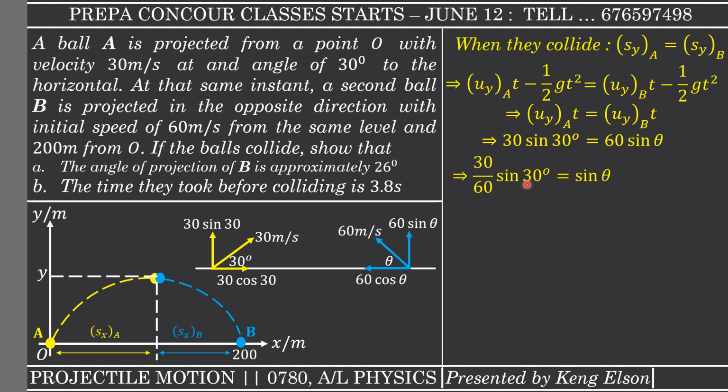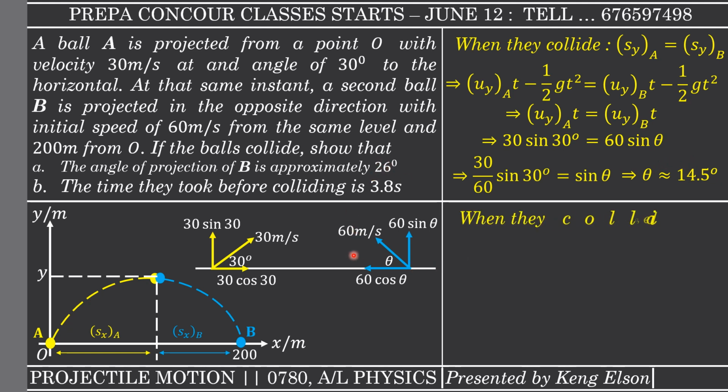Sine 30 is also half, so we have half times half, which is 1 on 4, so sine theta is equal to 1 divided by 4. If sine theta is 1 divided by 4, it means that theta is sine inverse of 1 divided by 4. You approximate to 14.5 degrees. So this answer has a little problem. Anyways, do the punching and let me know.